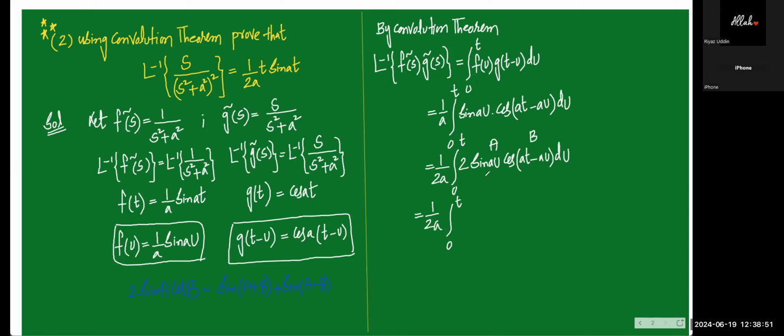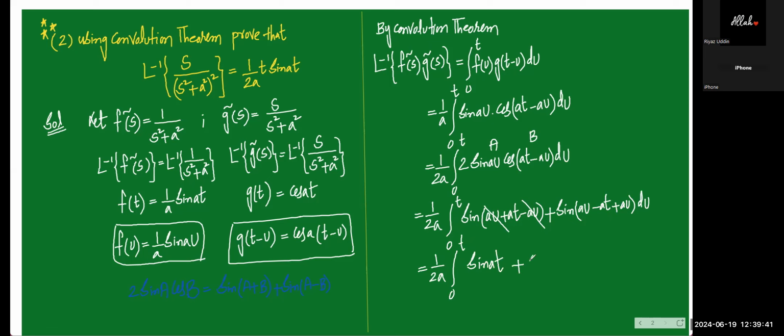Integral 0 to t. Now applying the formula, sin of a plus b: a is au and b is at minus au, so au plus at minus au gives sin at, plus sin of a minus b, which is au minus at plus au, giving sin of 2au minus at. Because integration is there, the au and minus au cancel. This is 1 by 2a integral 0 to t of sin at plus sin of 2au minus at, and then du.